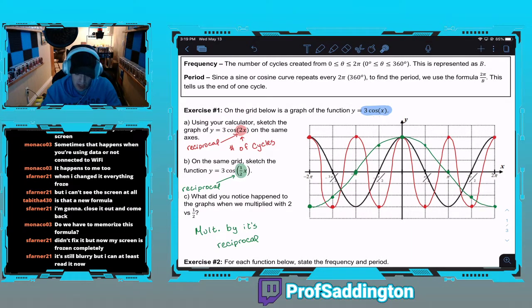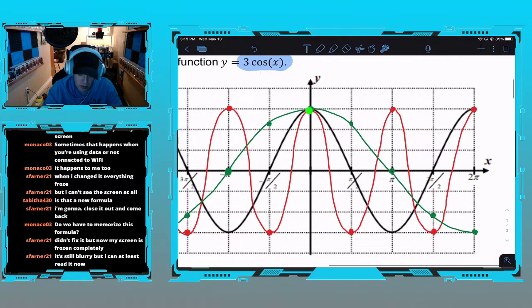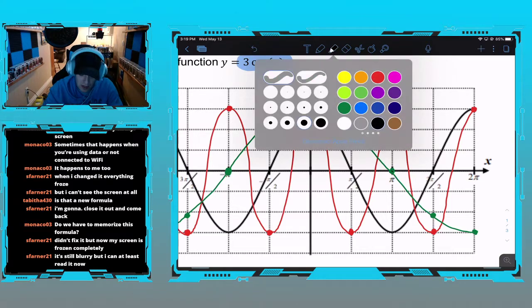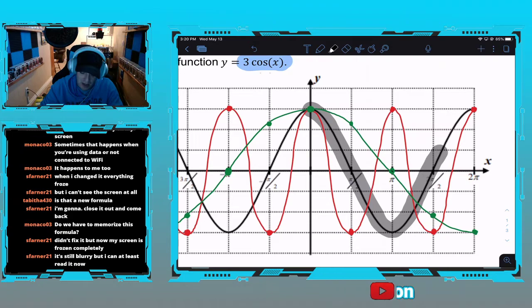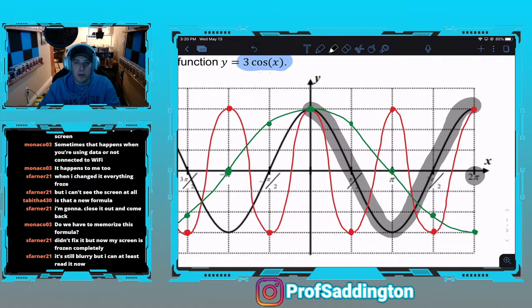So when I look at, let's say, the original black function, the C, I'll highlight it right in black and I'm going to follow it. If I create my letter C, notice that it ends here at 2 pi. So the period for that black function ended at 2 pi.